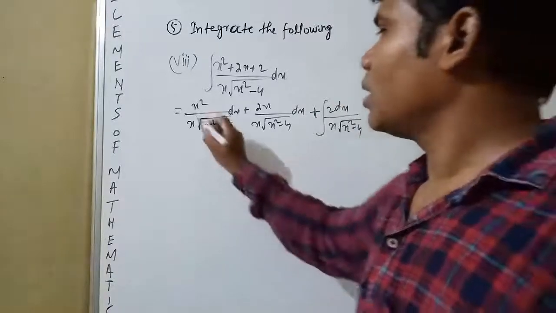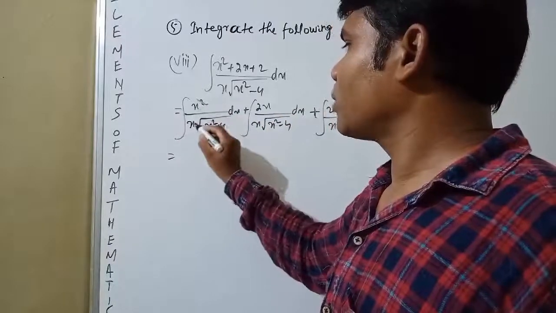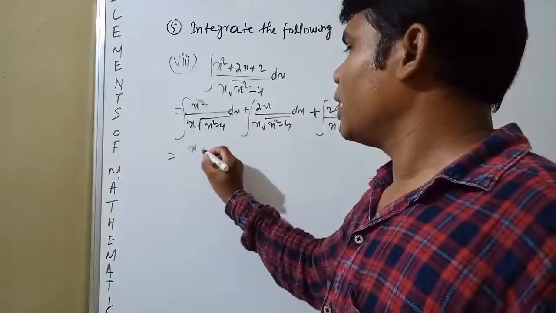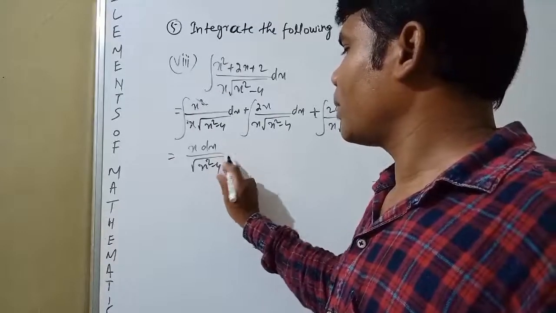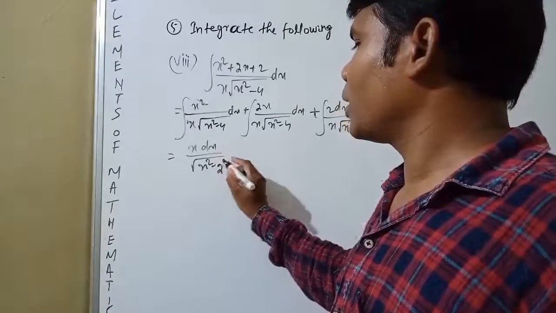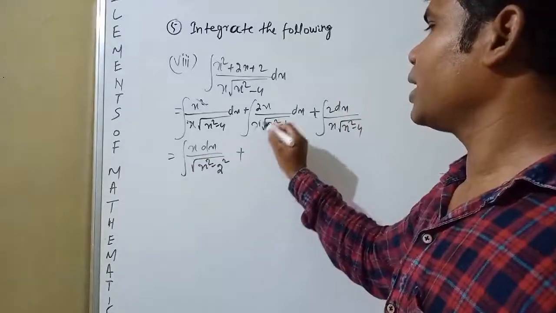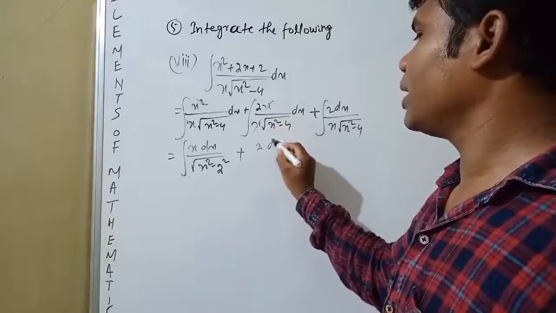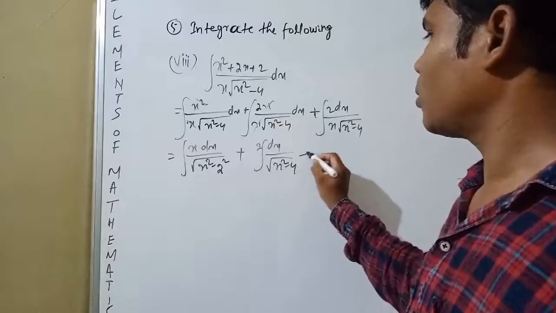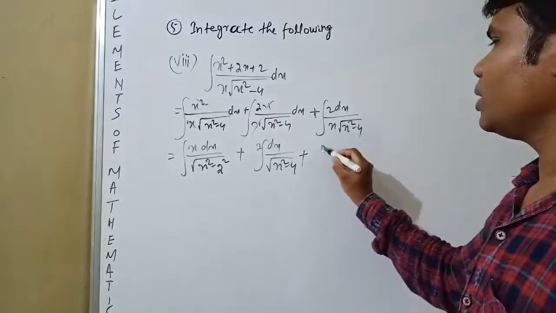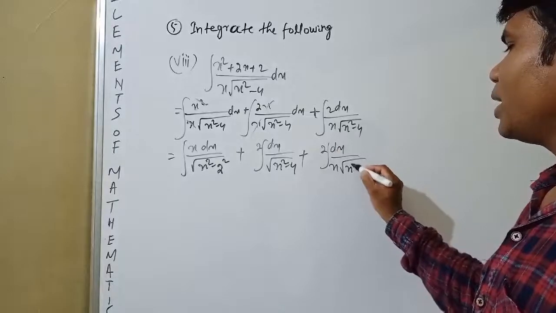Okay, here integration, here also integration. You see this x square and this x will cancel out: x dx by root over x square minus 4, and minus 4 means 2 square. Okay, plus here also you see x will cancel out, you can get 2 dx by root over x square minus 4, plus here you see 2 dx by x root over x square minus 4.